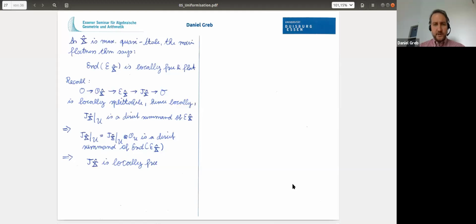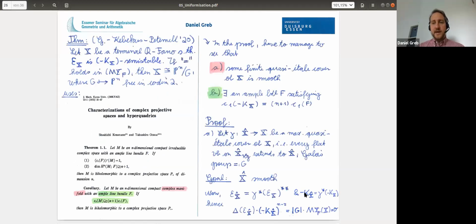I'm on X hat, a terminal projective variety. I have this sheaf E on X hat. It's still semi-stable because it's a pullback of this semi-stable sheaf, and I use the polarization which I obtain as a pullback, and it has a vanishing discriminant.